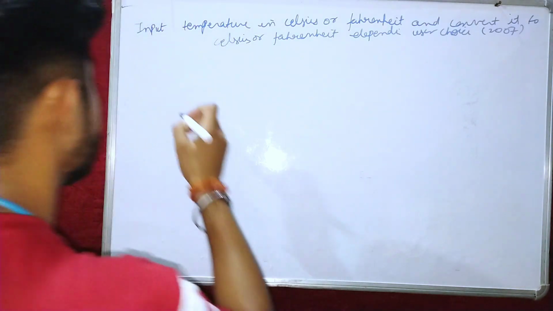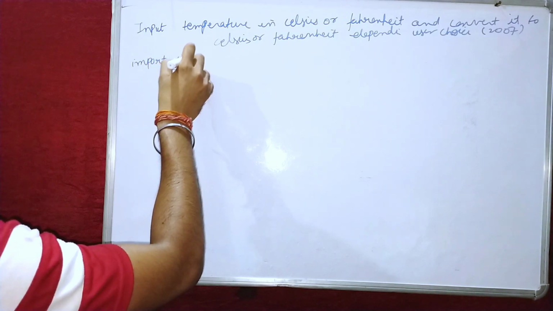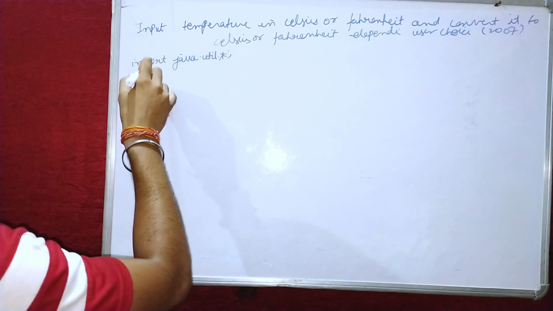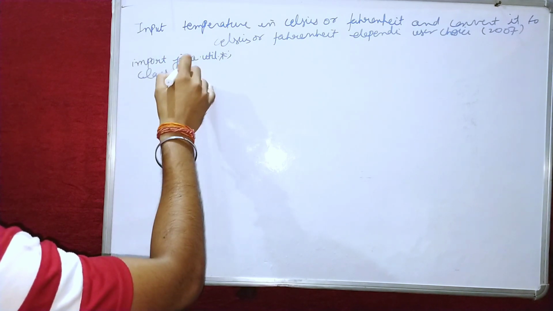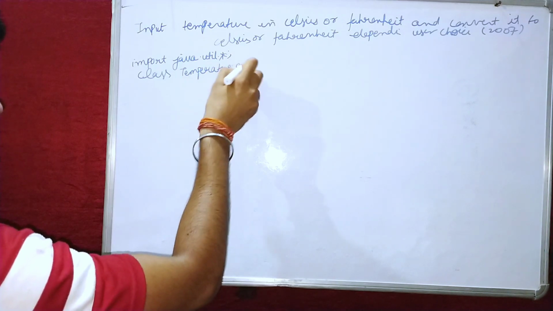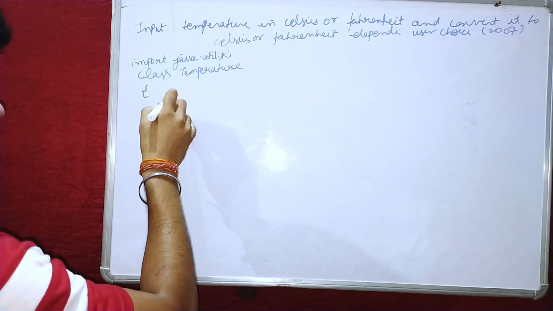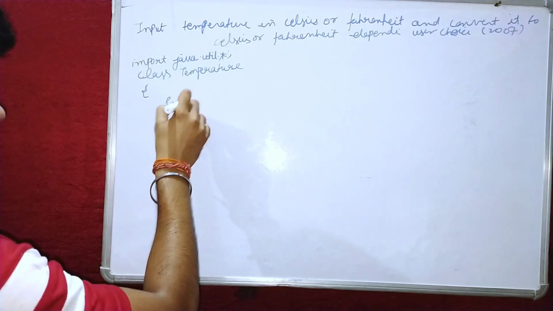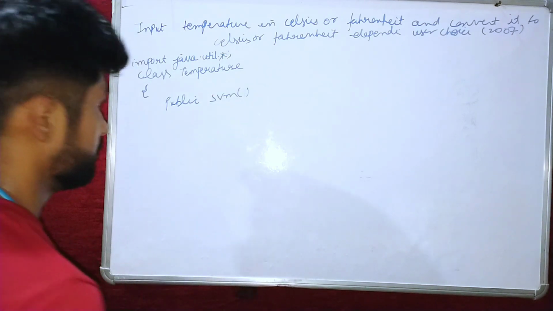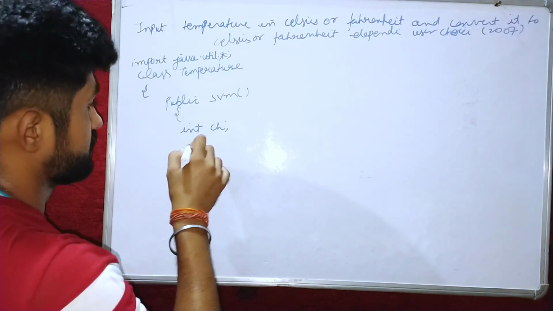First of all, I will be starting by writing the package. Import java dot util dot asterisk, class Temperature. Write the main method first: public static void main, in short SVM. Then int ch.